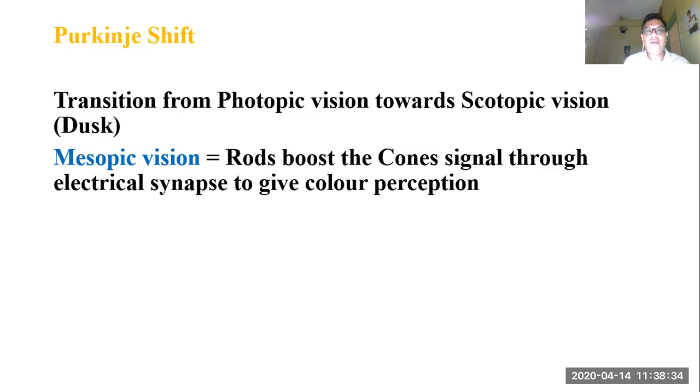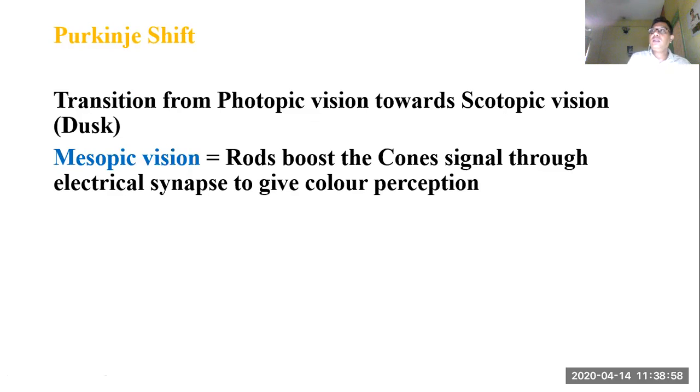During that period, rods are able to gather some amount of light, and they will boost the cones. So rods will get some amount of light. They will be hyperpolarized, and this signal downstream goes to the cones through electrical synapses.